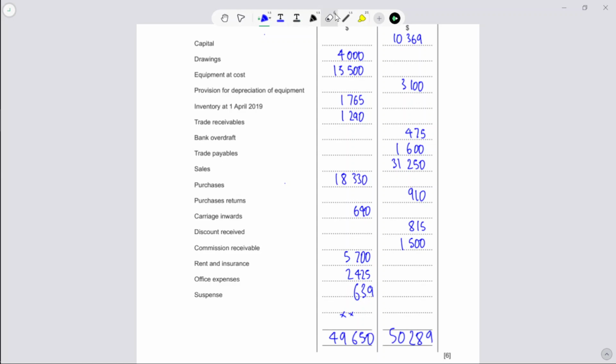Okay, so I think I calculated wrongly, sorry. If you calculate correctly, this one will be 50019.